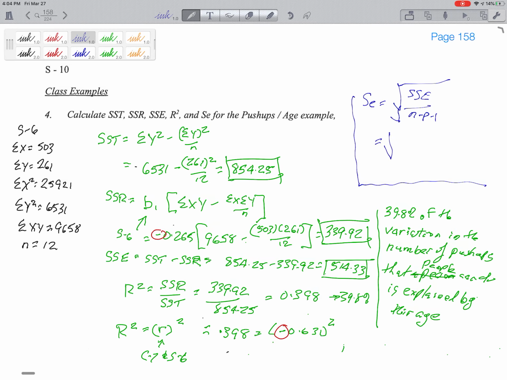So that's equal to the square root of 514.33 over 12 minus 1 minus 1. Remember, the middle 1 stands for the number of x variables. So there's just one x variable here, which is age. So it would be the square root of 51.43, and that comes to 7.17. So that's the standard deviation of all the error terms or the residuals.